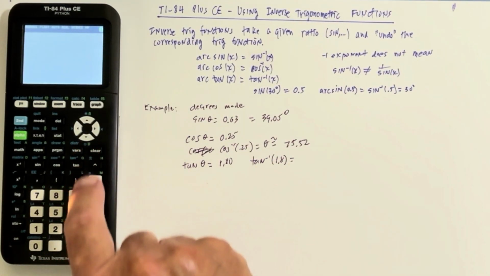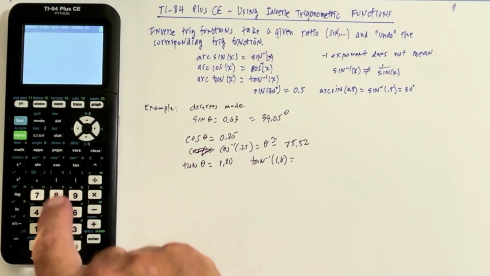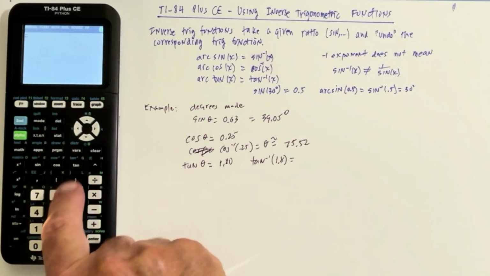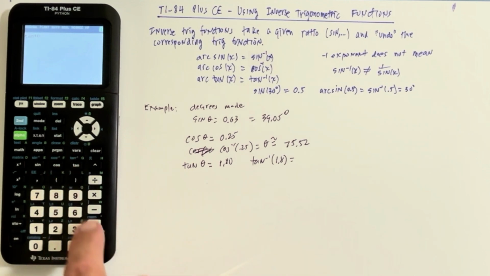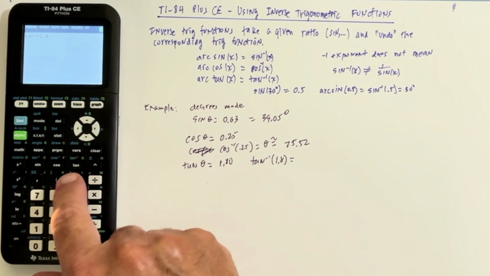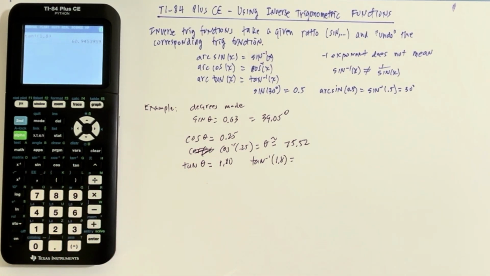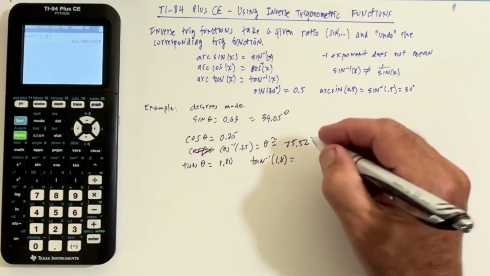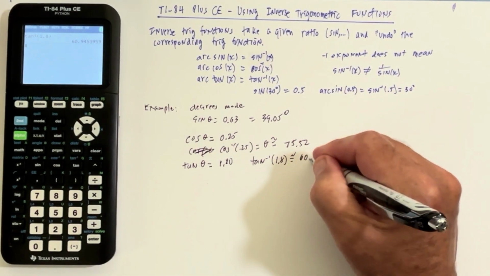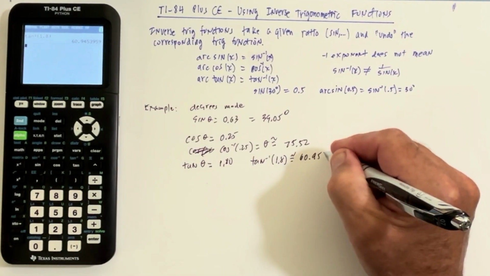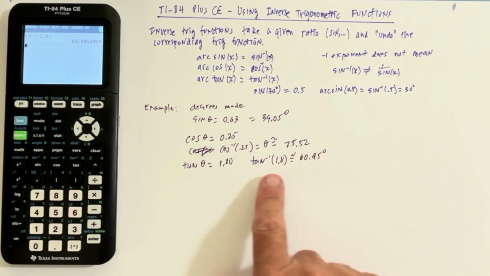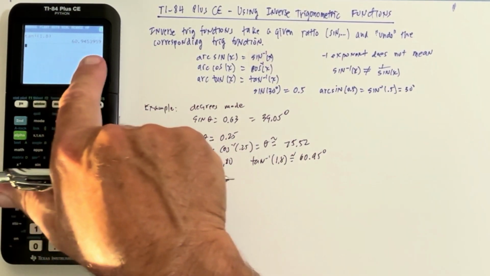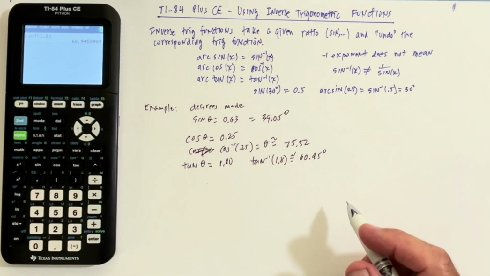Let's clear and do the second tan inverse right here, 1.8, enter. And that's going to give us approximately 60.95 degrees. It's approximate because we have rounding errors. You can see there's a bunch of digits there. We're just rounding.